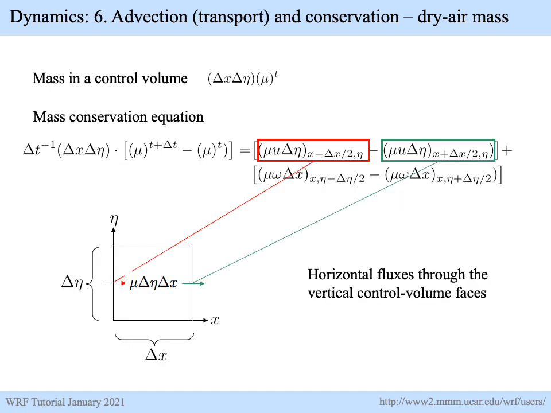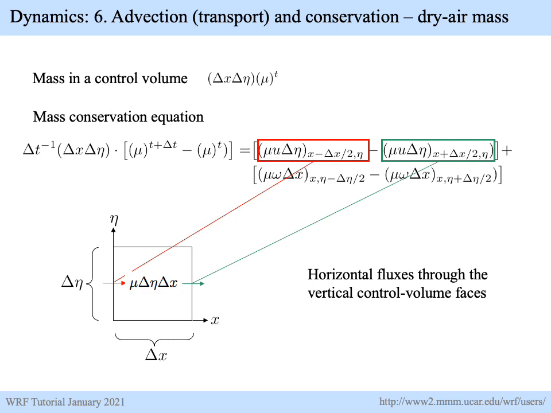If we look at the horizontal fluxes, you can see we've got a difference from a flux into the volume, mu u times delta eta. So that's the amount flowing into that volume, minus, in the green box, mu u times delta eta on that right-hand side edge. That's flowing out for a positive velocity.